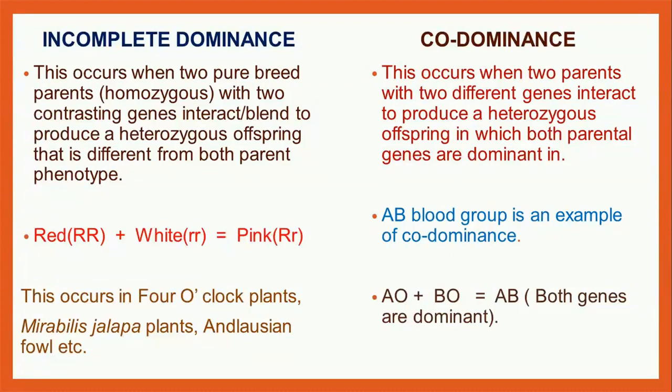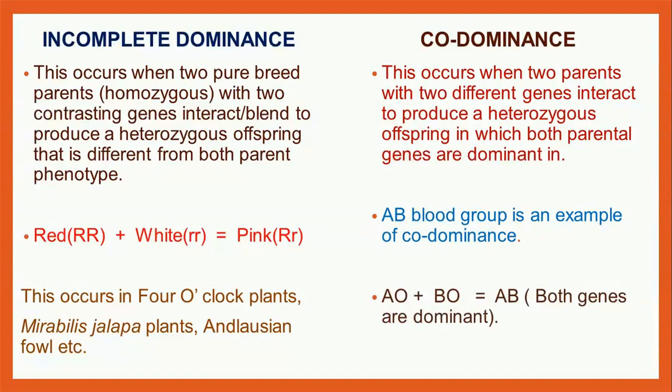Very easy to understand. Let me use this illustration. For example, you have a red flower and you have a white flower. All things being equal, you're expecting that the offspring of these flowers should be either red or white. But here we have a totally different color, which is pink. Why? Because there is a blending or interaction of these two genes to bring about a totally different offspring.